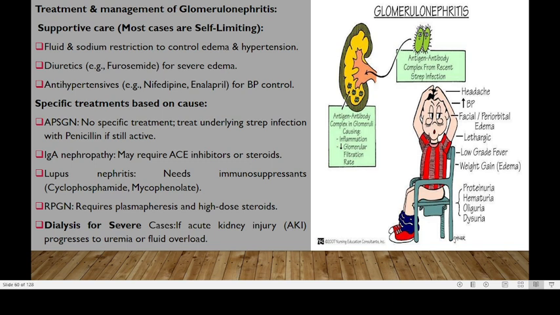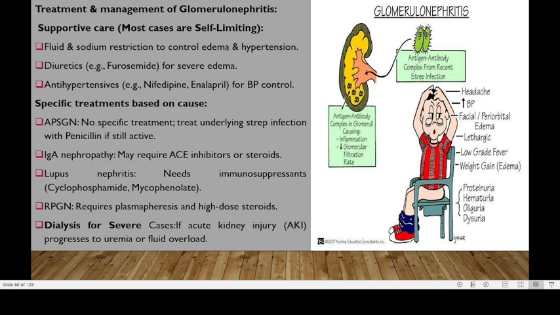Specific treatment based on the cause. So we don't have specific treatment for underlying streptococcal infections, although we do use penicillin if it is still active, right? If it's still active, you can give penicillin. In this other type, you also may require the angiotensin converting enzyme inhibitor, like enalapril, lisinopril, or a steroid like prednisone.